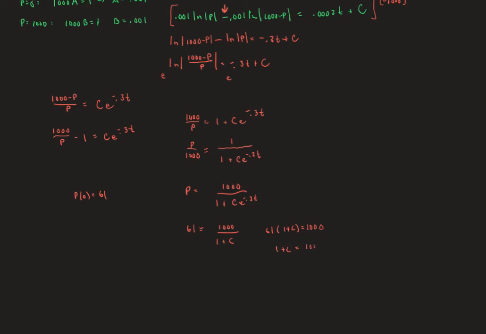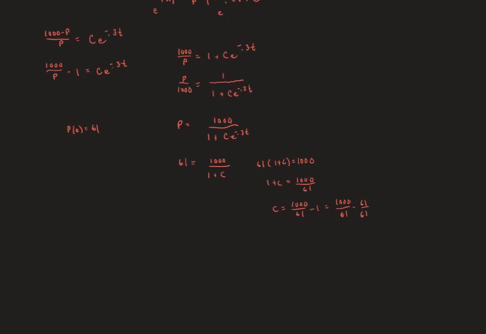Let's go 1,000 over 61, and we can subtract our 1 from that, which is going to be a little bit messy here because that's 61 61st.